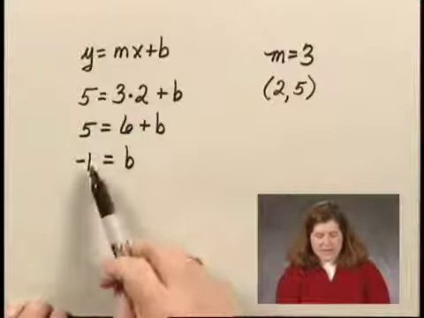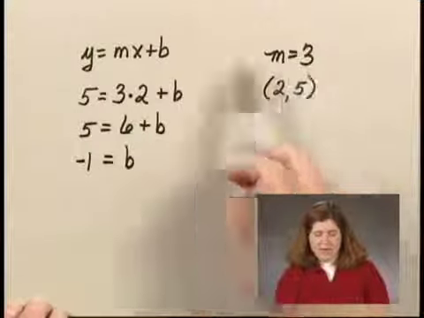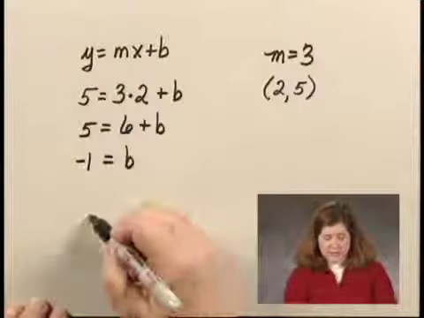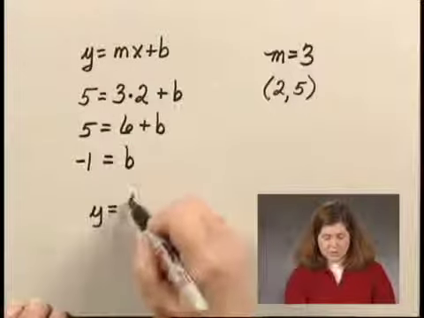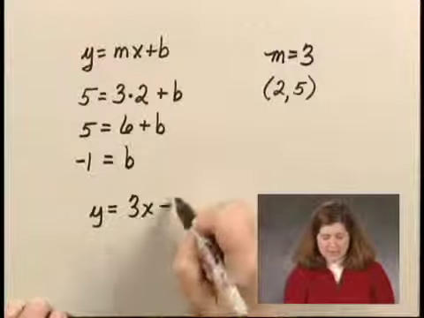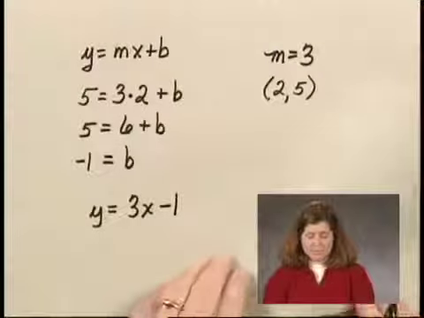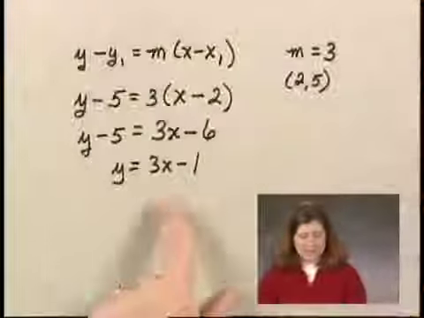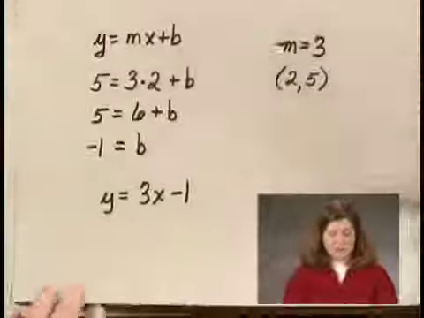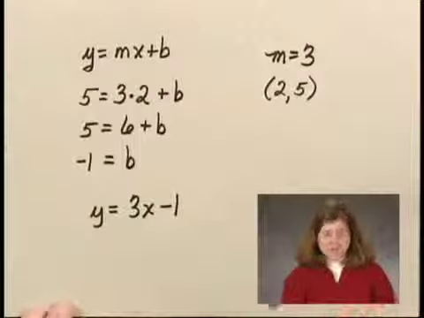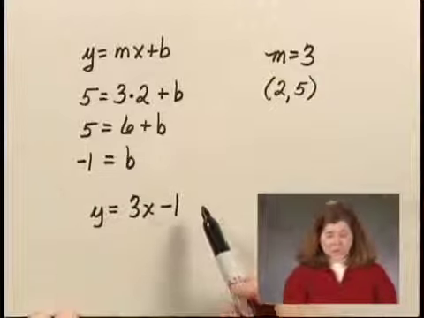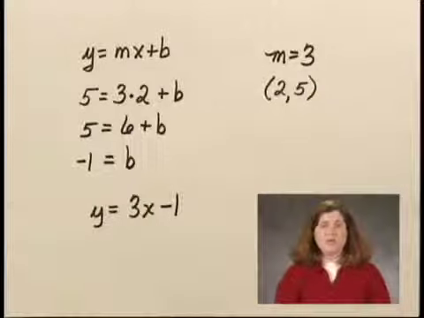Then I substitute -1 for b, 3 for m in this equation, and I have y = 3x - 1. Since this is the same as the equation I got earlier, that's a good check, and I can say that the equation of the line I'm looking for is y = 3x - 1.